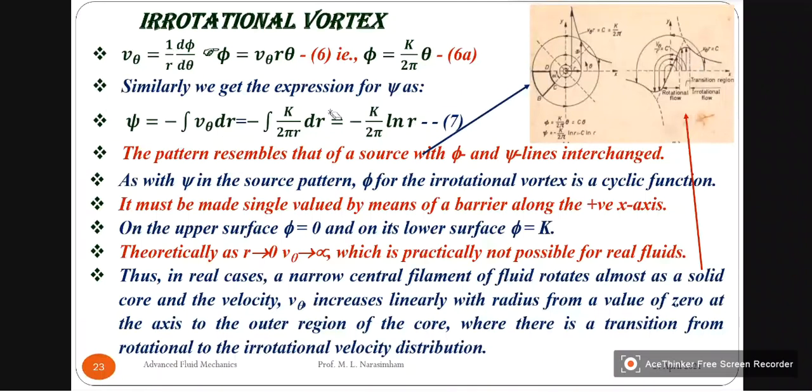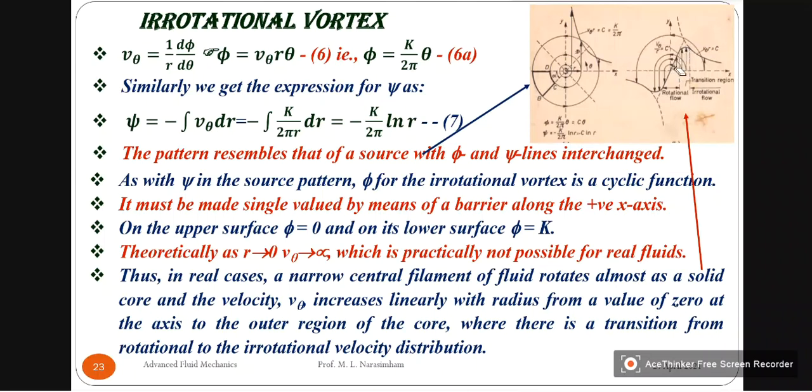Now, thus in real cases, a narrow central filament of fluid rotates almost as a solid core, and the velocity V theta increases linearly with radius from a value 0 at the axis to the outer region of the core, where there is a transition from rotational to the irrotational velocity distribution. Here in the figure, this is the rotational velocity distribution.